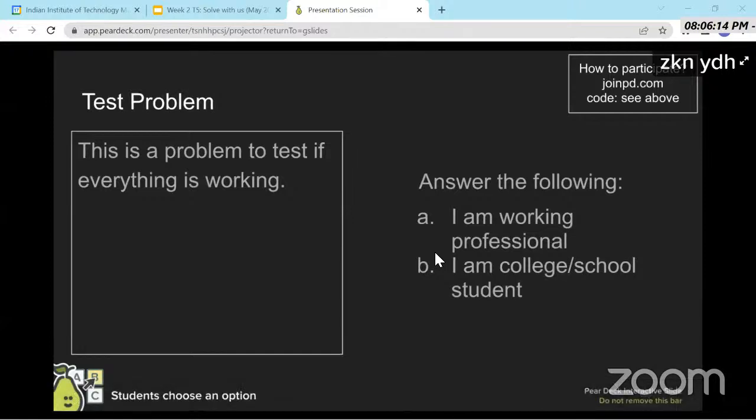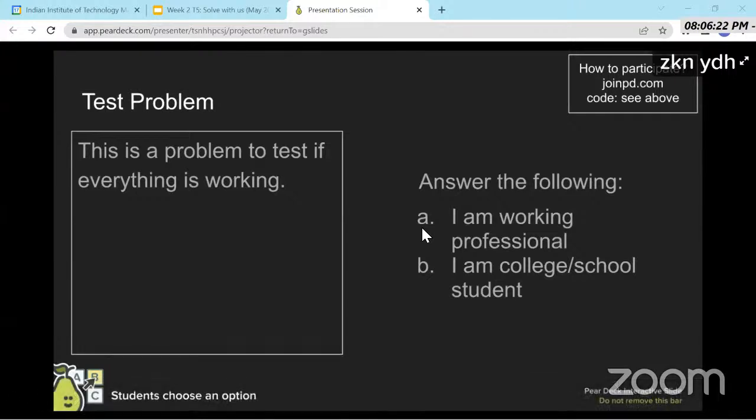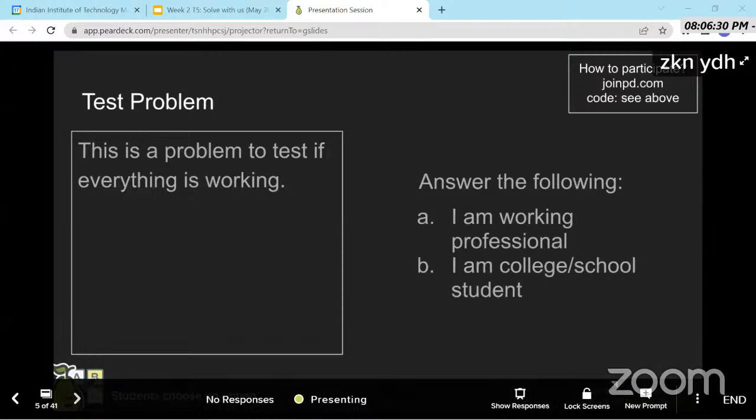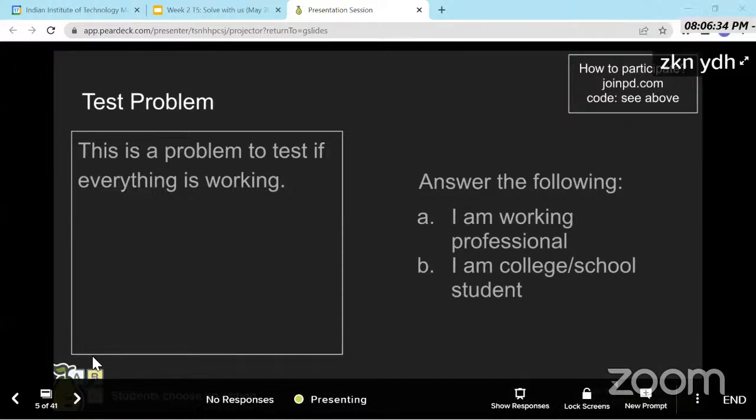Here it's showing no answers were configured for this question. Sorry, what? There are no options shown, sir. I get it. I think the slide is not updated, so no problem.